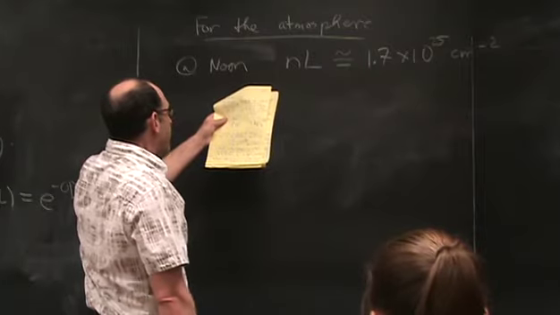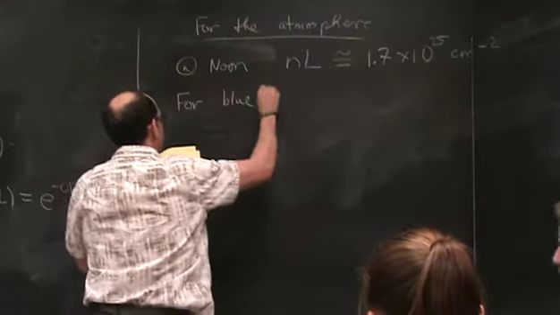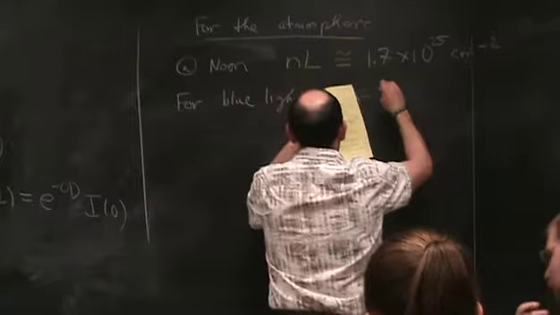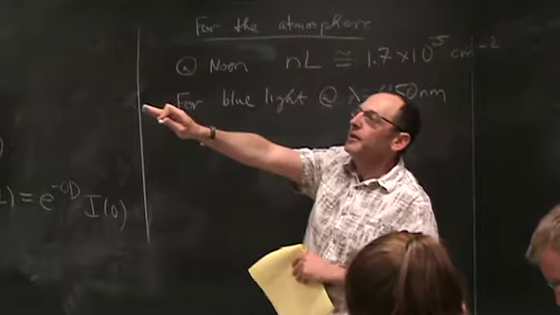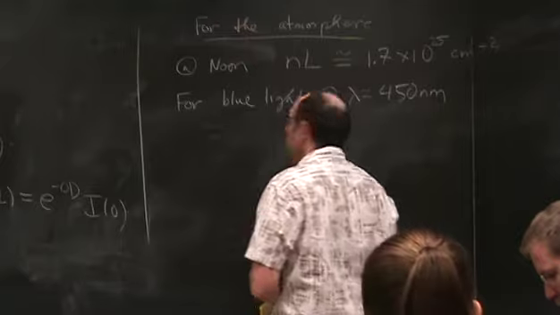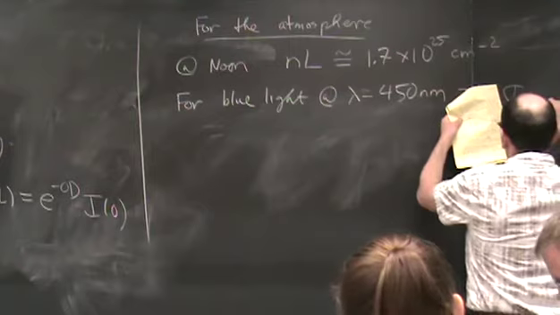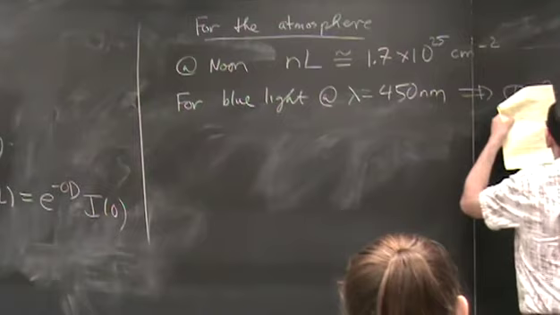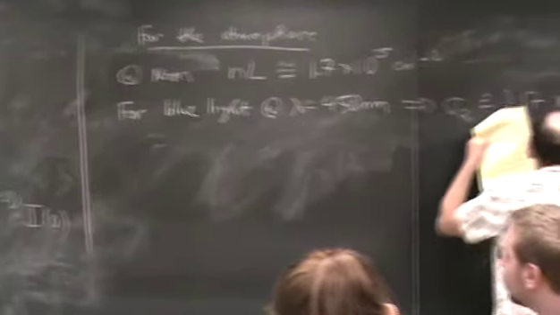All right. So, for blue light, say at lambda equals 450 nanometers, using that formula over there, where we have the resonance frequency at 75 nanometers, that gives me the Rayleigh scattering cross-section is equal to approximately 2.17 times 10 to the minus 16 centimeters squared.